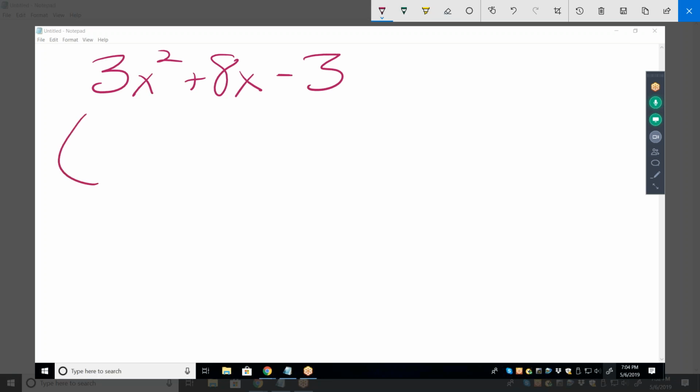Okay, so what else we got here? Just a factor problem. 3x squared plus 8x minus 3. Just factor that expression. All right, so it'd be parentheses 3x and then x.